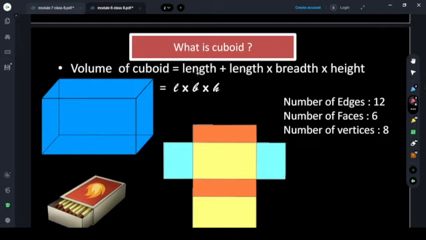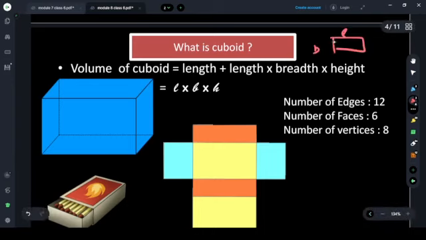Volume of cuboid. Okay, first of all we will see what is cuboid. Cuboid is a figure. Suppose you have taken a rectangular sheet. It has L and B. If you take another sheet and keep it on this, and you take a number of sheets, you can see your textbook. If you see only one page, what is the shape of one page?